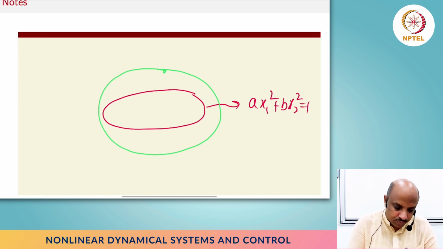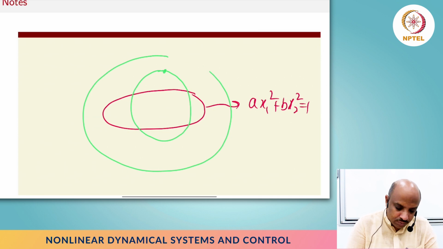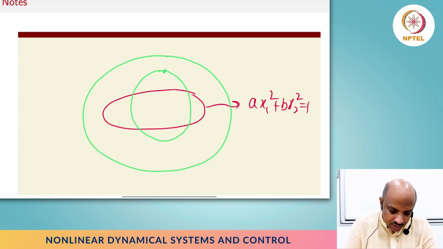If you start anywhere in this circle, because it's outside the ellipse, V dot is decreasing, so it cannot cross this boundary, V equal to some number. It's going to keep going and then perhaps cross the ellipse or not cross the ellipse, right? So we have a bounded solution.